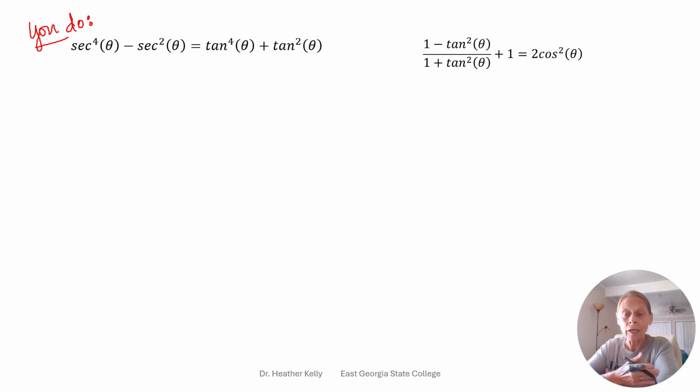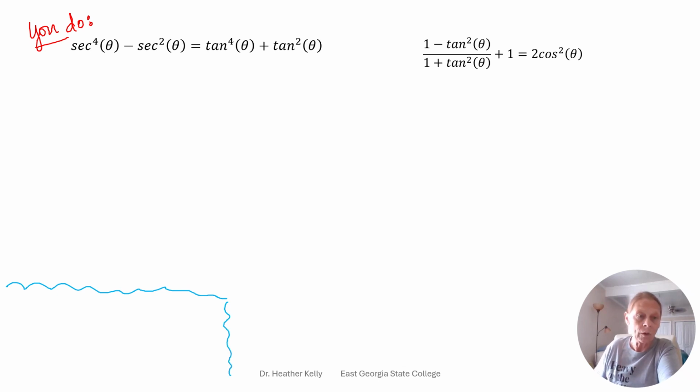Okay, so anytime you see secants and tangents that are raised to a power together, particularly even powers, you want to think, oh, I'm probably going to need to use that Pythagorean identity. So before I get started, I'm going to come down here and have me a little think bubble because I don't have those memorized. Okay, and so I'm going to just shorthand here my sine plus cosine equals 1.